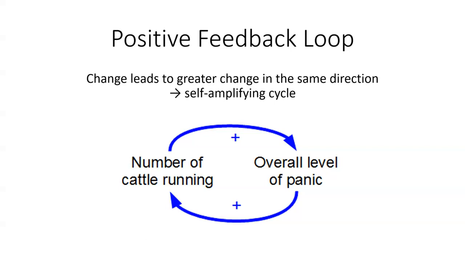So positive feedback is when the change detected by a receptor leads to a greater change in the same direction. So instead of reducing the impact of that change in a particular variable, it makes that change greater. And this is what we call a self-amplifying cycle. So the change causes greater change in the same direction.